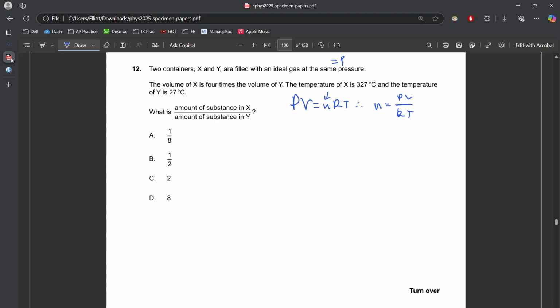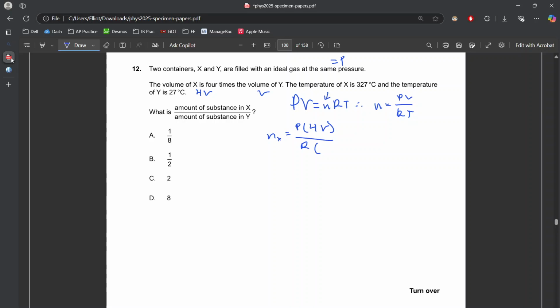So now I'm going to do n of X is equal to the pressure in X, which is the same, it's just going to be P, times the volume. I'm going to say the volume of Y is just called V. So then the volume of X is going to be 4V. So P times 4V over R times temperature of X at 327.